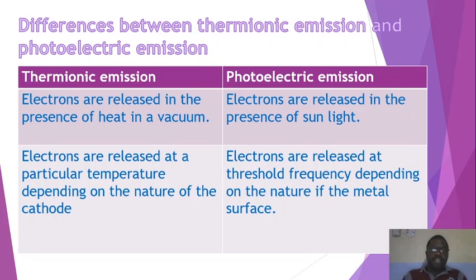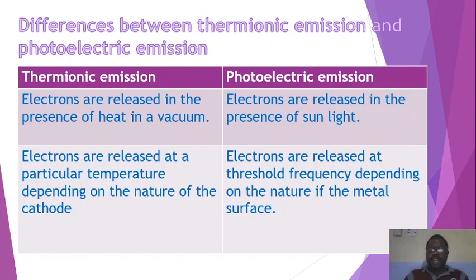Now, in thermionic emission, electrons are released in the presence of heat in a vacuum. And in photoelectric emission, electrons are released in the presence of sunlight. Then in number 2, in thermionic emission, electrons are released at a particular temperature depending on the nature of the cathode.